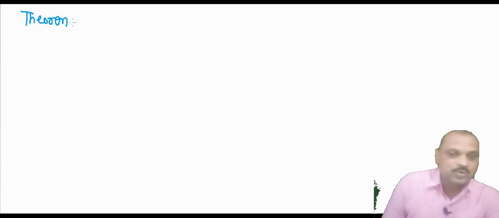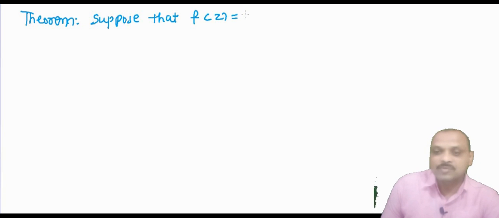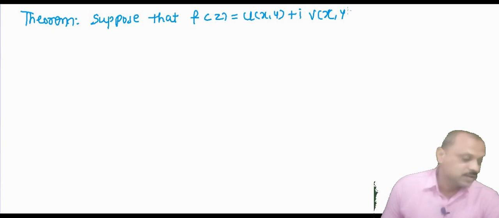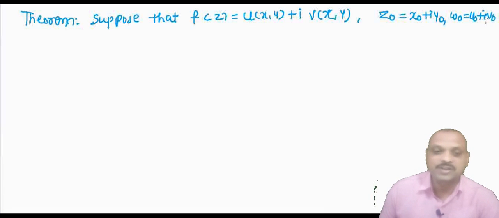Theorem: suppose that f of z equal to u of x comma y plus i into v of x comma y, and z0 equal to x0 plus iy0, w0 equal to u0 plus iv0. These are the two numbers.